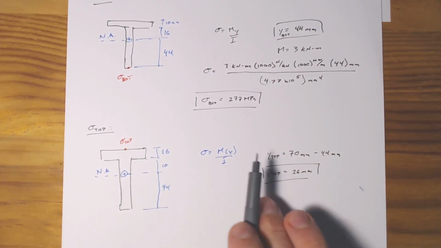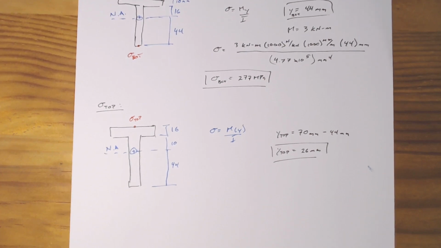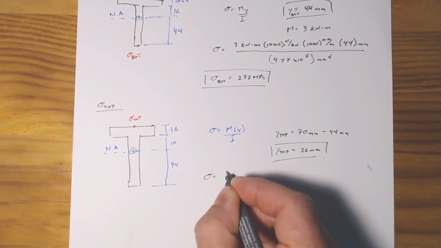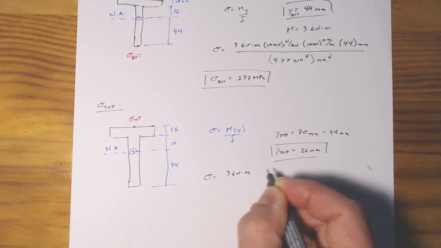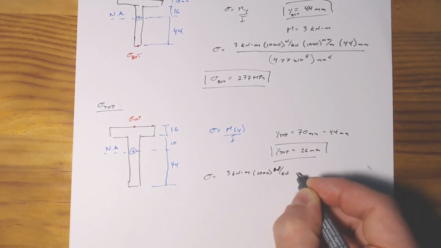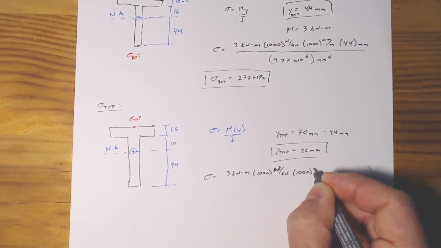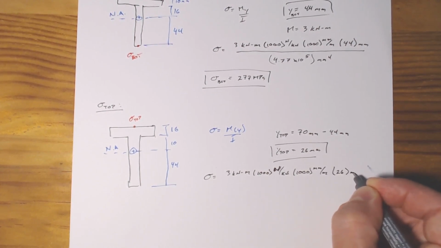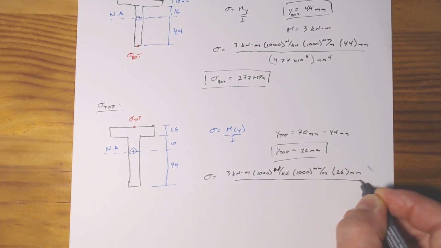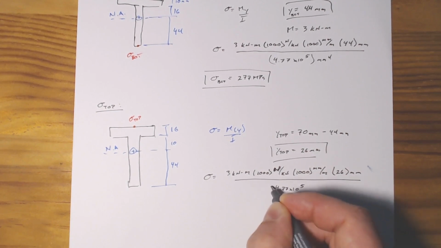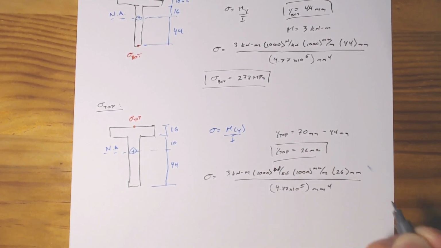All right, well, again, like what we had here, it's kind of just a plug and chug operation. So we can go through our stress equals 3 kilonewton meters for the moment applied times 1,000 newtons per kilonewton times 1,000 millimeters per meter times 26 millimeters over 4.77 times 10 to the 5th millimeters to the 4th.